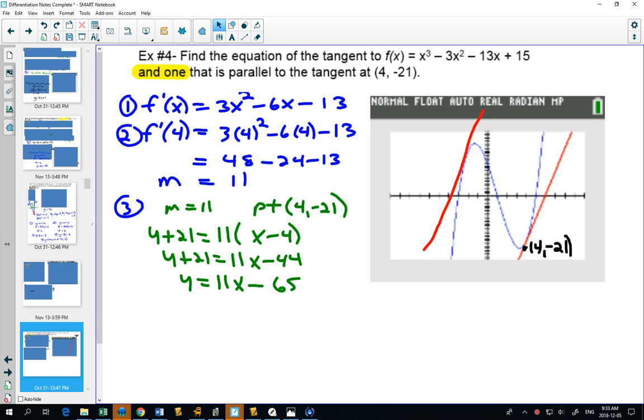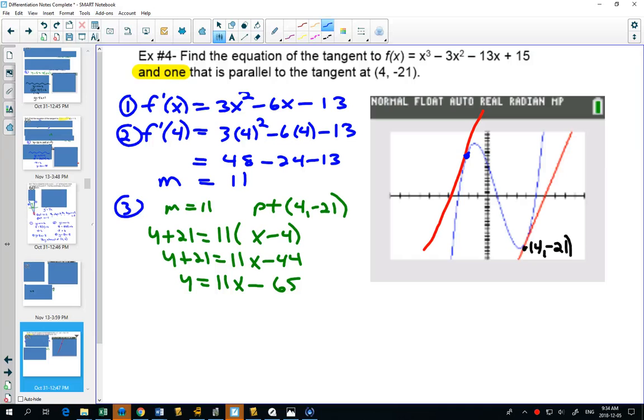Maybe right about there? Looks like it could be a possibility. What's that point? How would we find that?